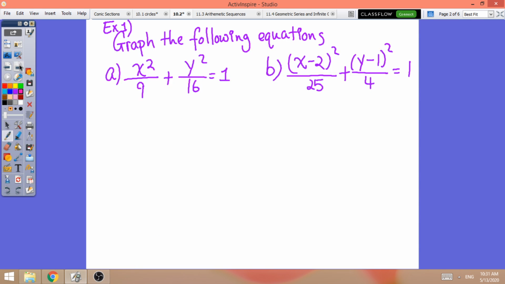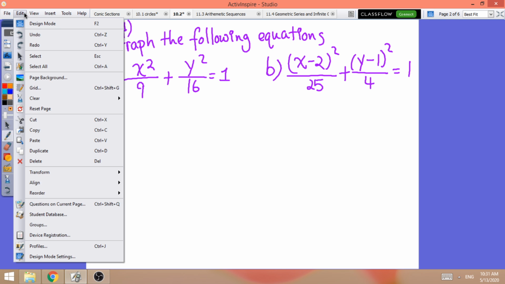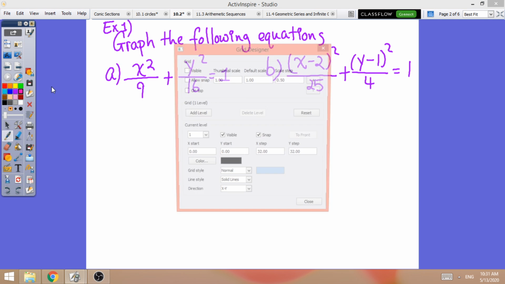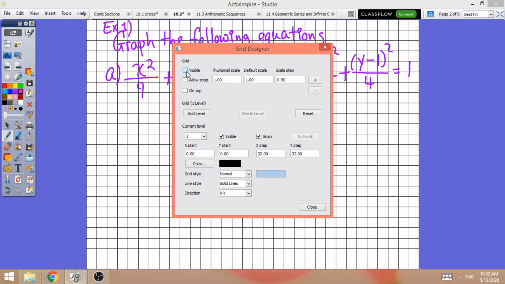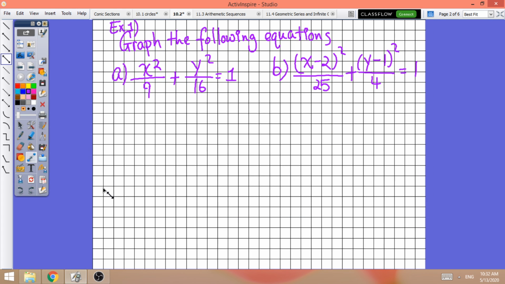Now let's take a look at some examples. Graph the following equations. Let me set up the coordinate grid. We need the x-axis and the y-axis once again.